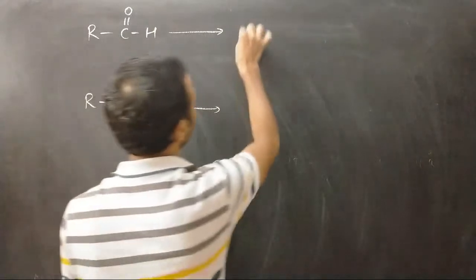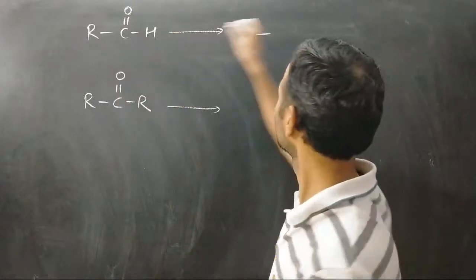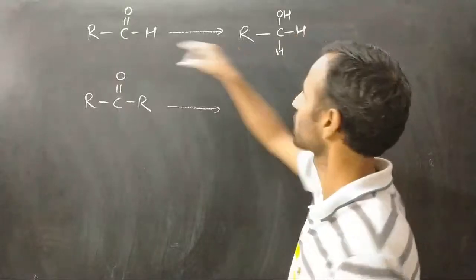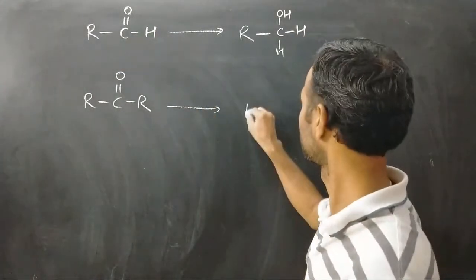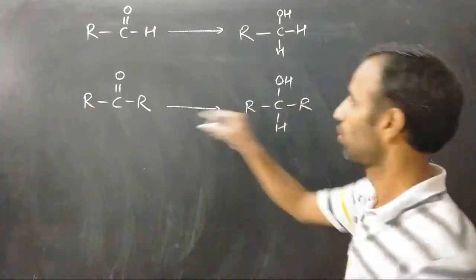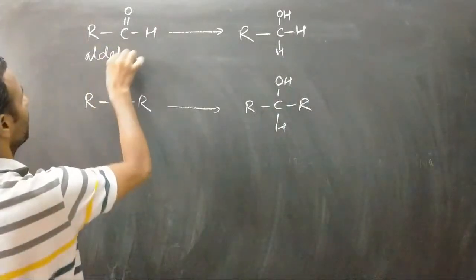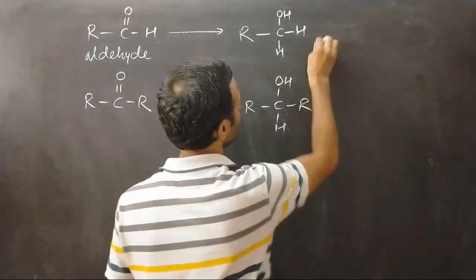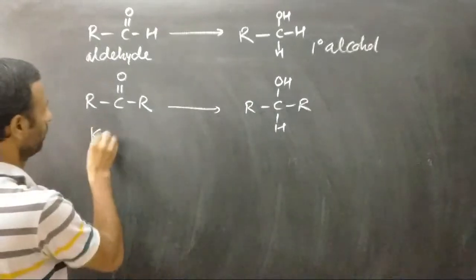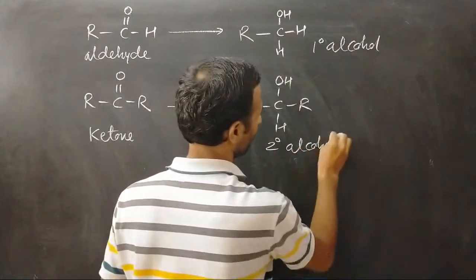Reduction means addition of hydrogen. So CHOH means H on both sides, oxygen as well as carbon. So aldehyde will give primary alcohol, and ketone will give secondary alcohol on reduction.